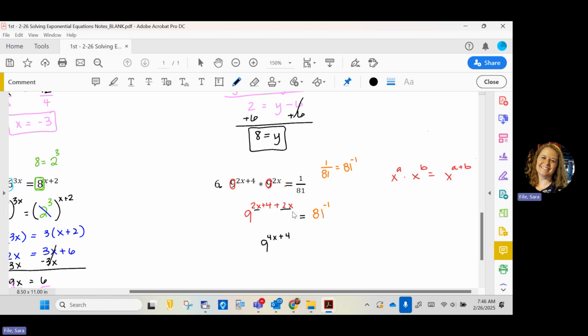When you're adding and subtracting, the variable doesn't change. You're just combining the coefficients. The only time your exponent is going to change is if I was multiplying 2x times 2x, then yes, I get 4x squared.